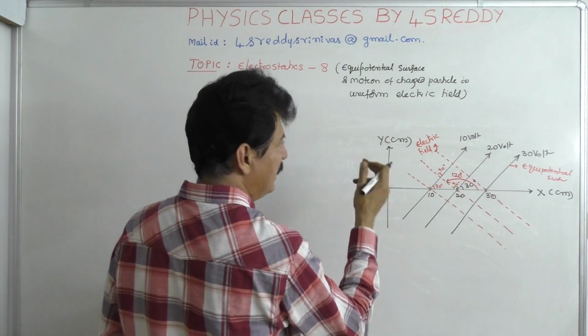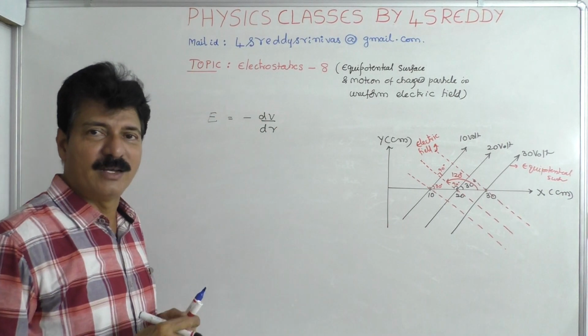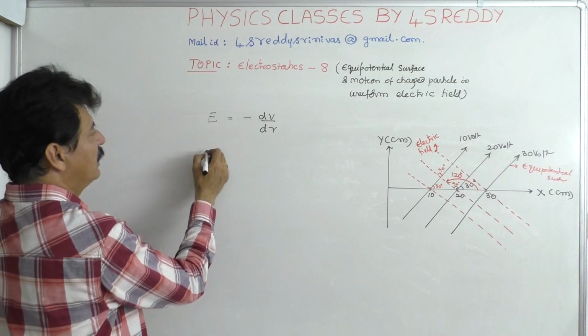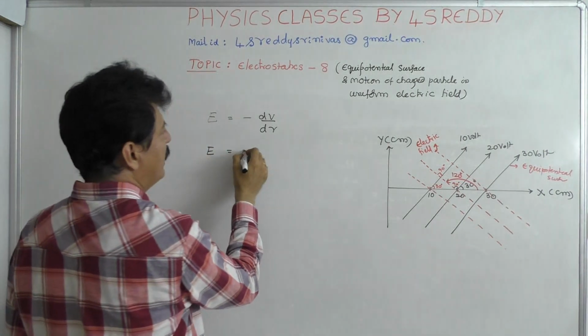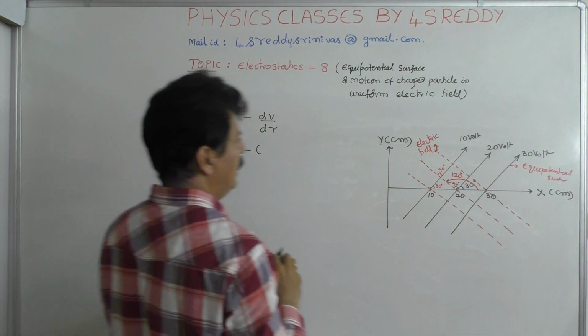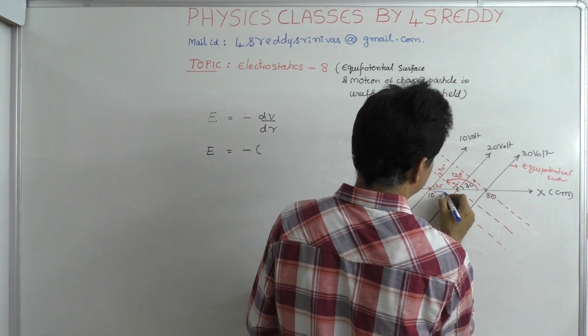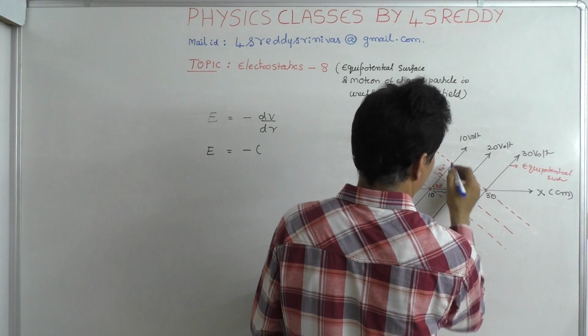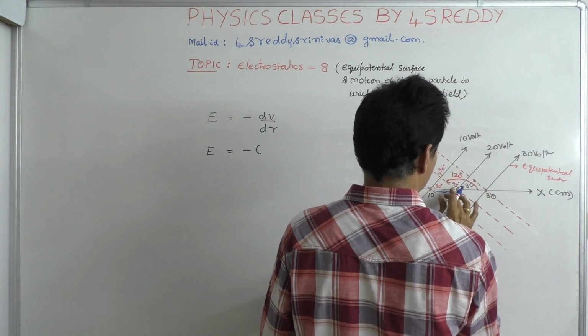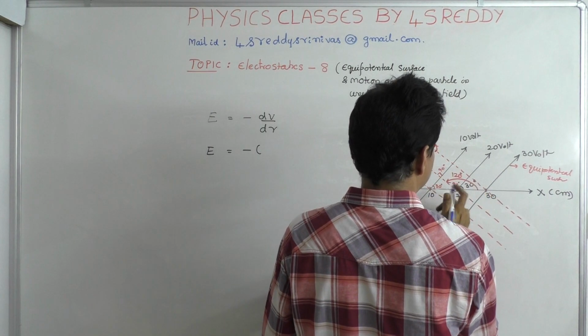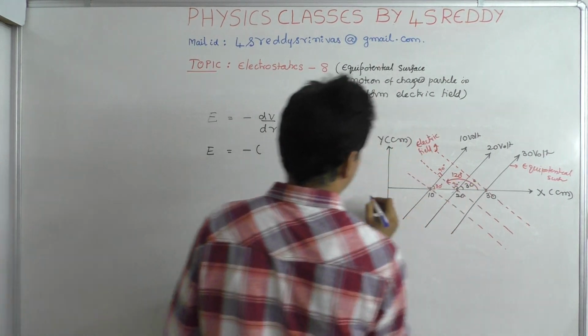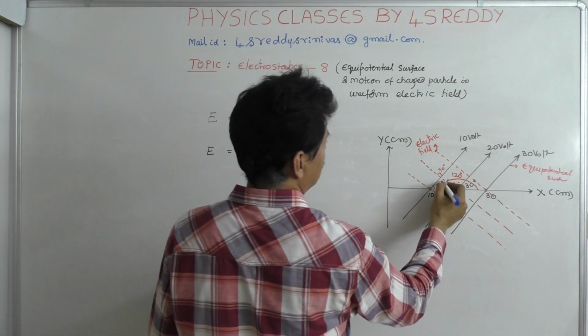As you move in the direction of the field, potential goes on decreasing. Therefore, E is equal to minus of, let us say, if I take this separation, here this distance is the potential between these two. This is how much? This is 10.